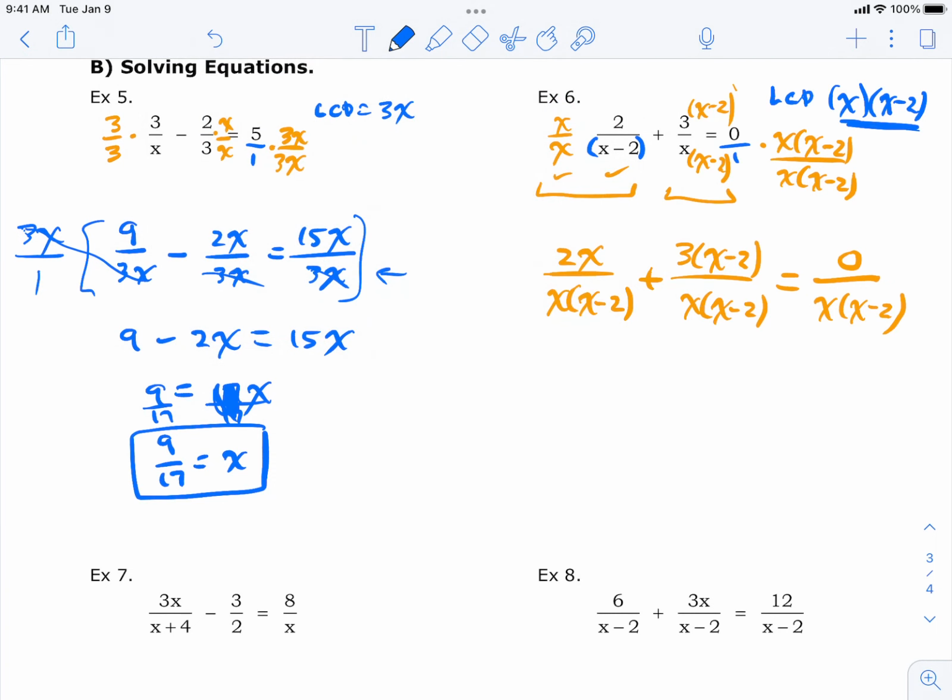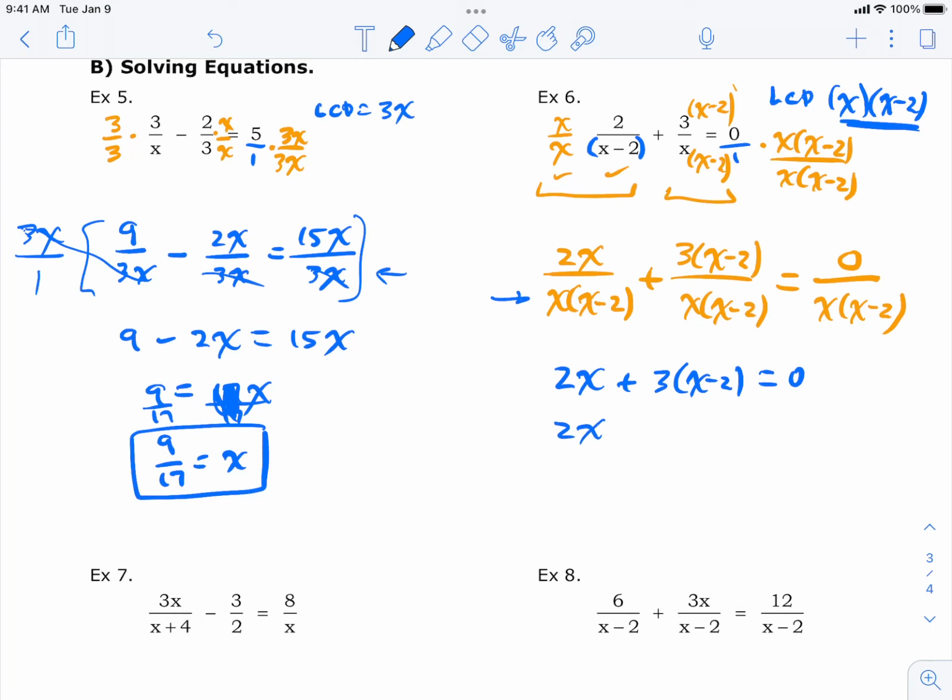All denominators match. Denominators don't matter anymore. There's our equation. So the goal when you're solving these rational equations is to first get rid of all the denominators and make them look like straight line equations. And you do that by first making all the denominators match, because once they all match, you can basically ignore them.